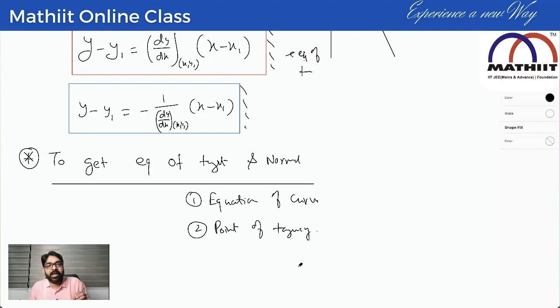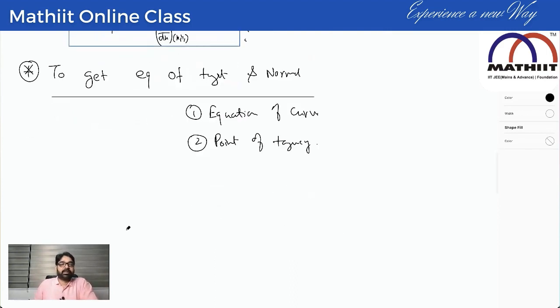Whether your board level question is there, or a JEE Main question, or a JEE Advanced question, you have to look for these two. They will play with you by missing this part, or sometimes by missing that part. Whatever is missing, you have to bring these two. And once you bring these two, after that you just have to apply the formula, nothing else. Is this clear to everybody?